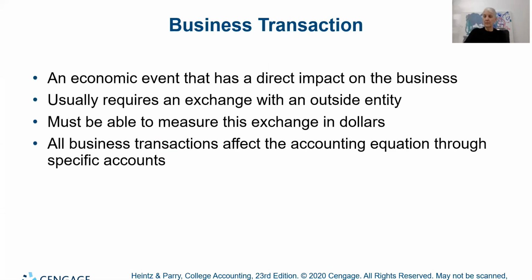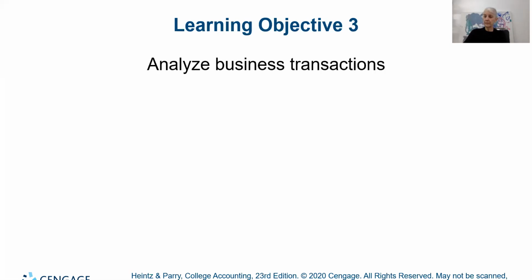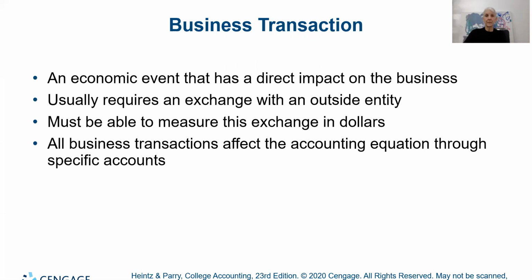And I don't think you're ever going to run into that problem in the working world doing it with a computer. No system is going to allow you to post an out of balance journal entry like I occasionally did when we did it in pencil, right? So we're going to look at a few transactions here. Business transactions, an economic event that affects the business. Who knew? It could be we sold a product.